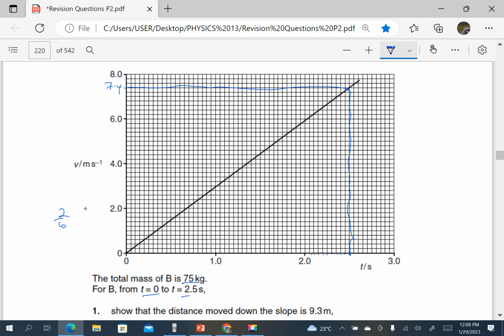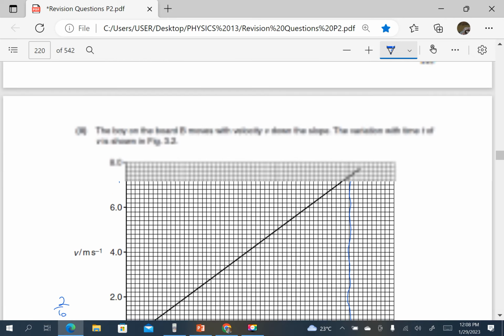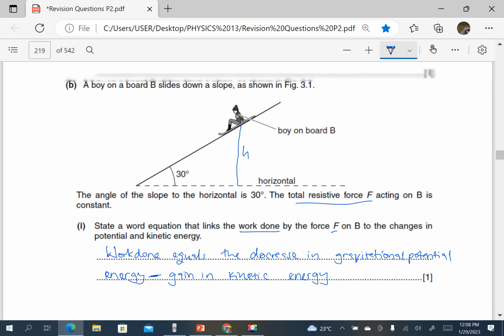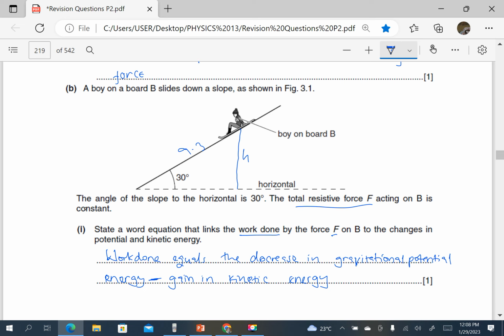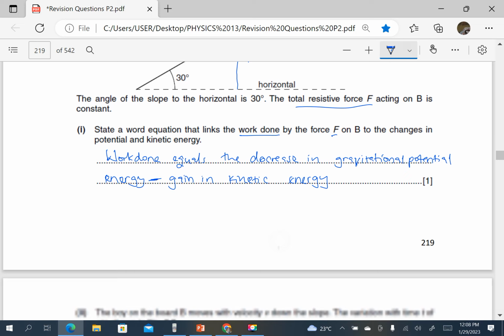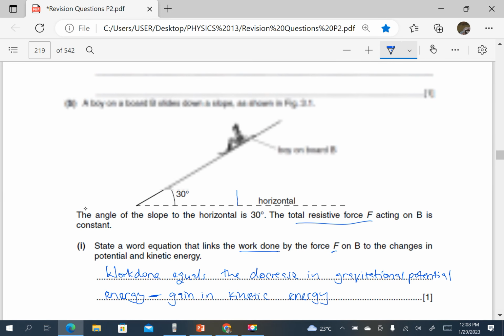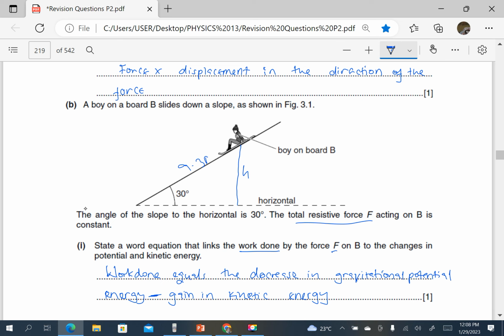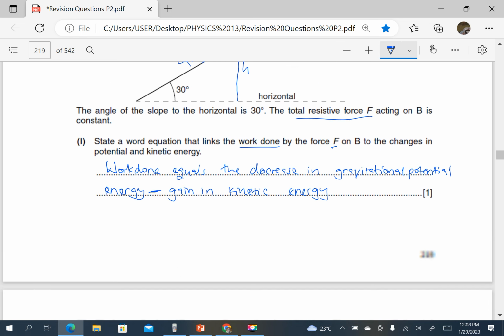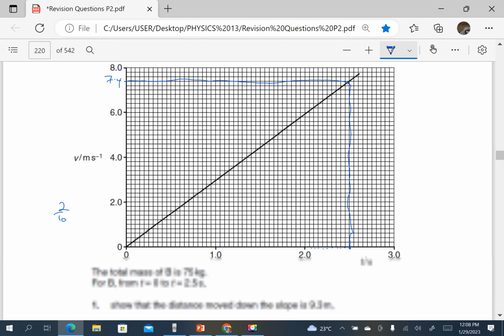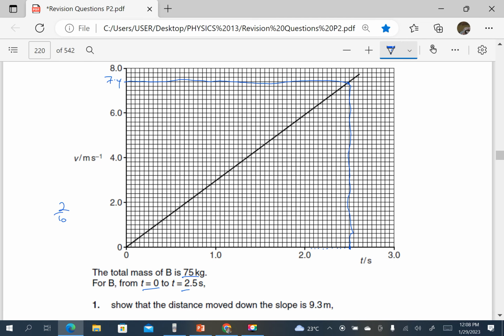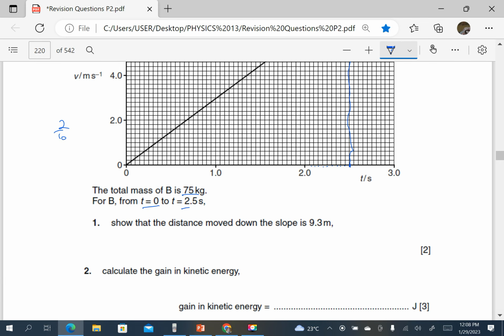Show that the distance moved down the slope is 9.3. So they're telling us to show that the distance, this distance here is 9.3 in meters. So let's find that distance. So that distance is actually equal to the area under that line. So distance equals the area under the line.